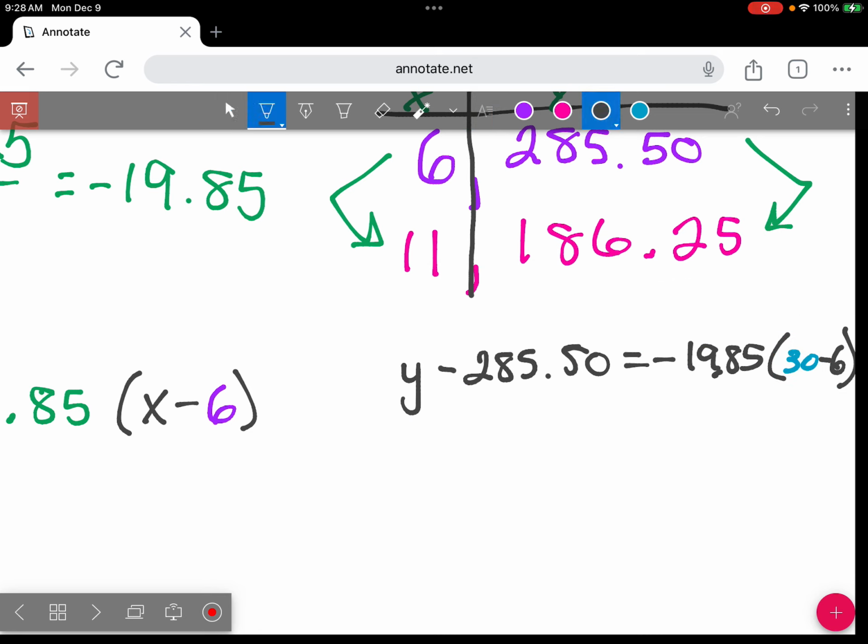So we're just going to simplify this as much as we can. Whoa, wrong pen. Y minus 285.50 equals negative 1985. 30 minus 6 gives us 24.